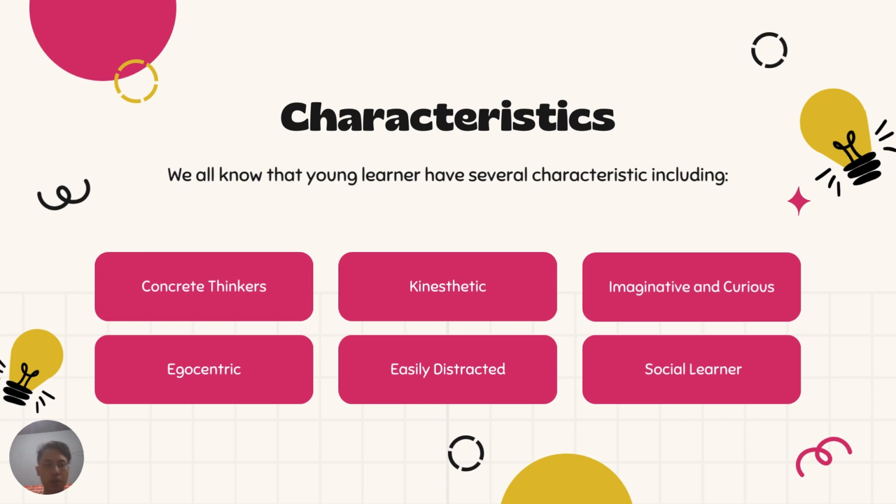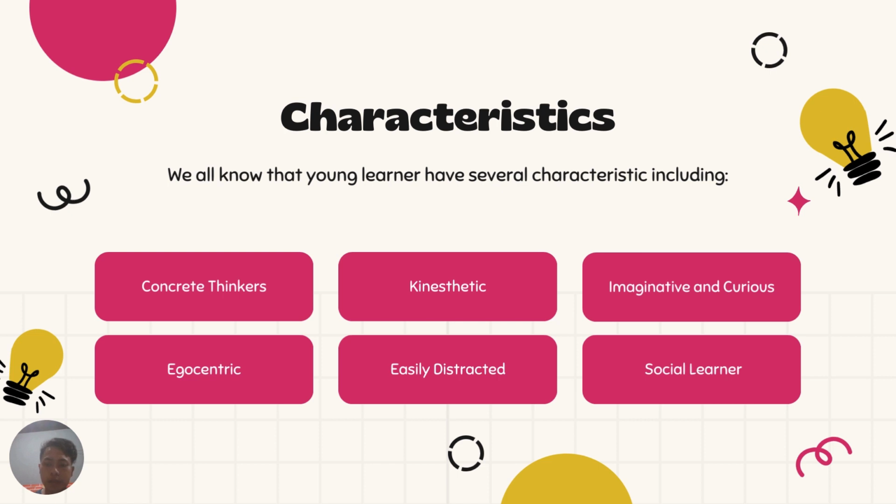And the fifth point is imaginative and curious. Play is a crucial aspect of their learning. They readily engage in imaginative scenarios and pretend play. We all know that young learners often pretend to become their heroes or their influencer.